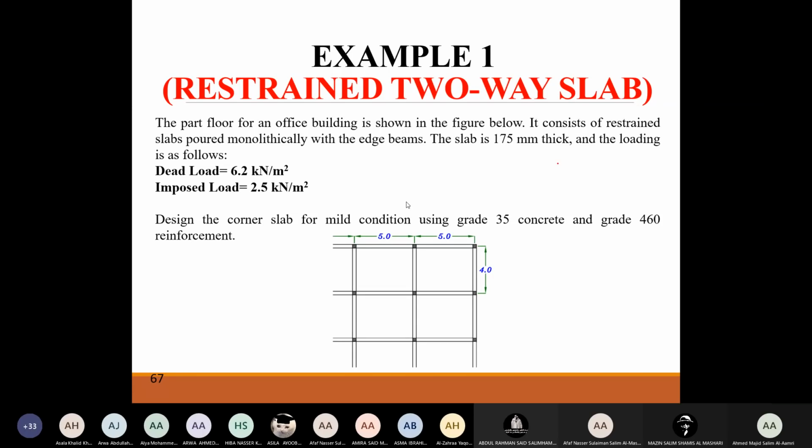It's not overloading. We are checking bending, not overloading. So bending, cracks, as Zahra said, shear, as Sarah said. Do we need to check for deflection? Deflection, do we need to check?